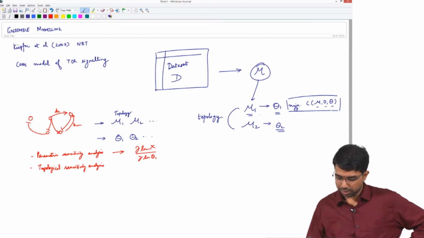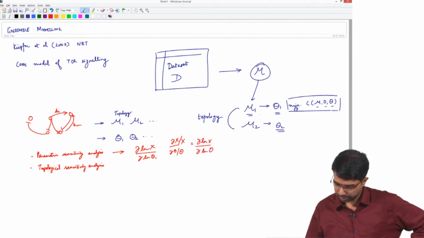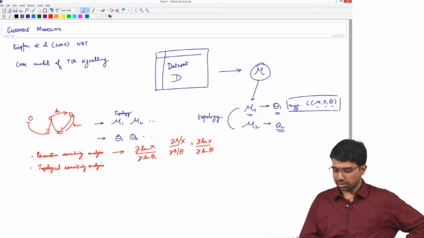You usually do this because you essentially want dou x by dou theta, but then normalized, which becomes a sensitivity coefficient that is non dimensional.